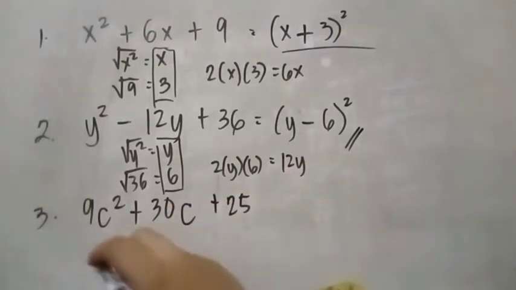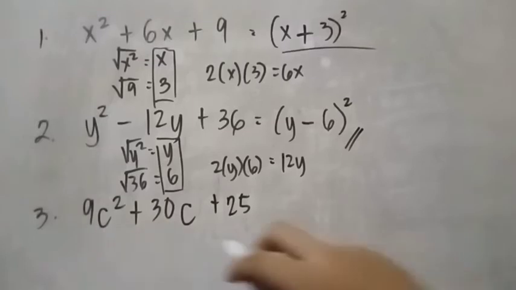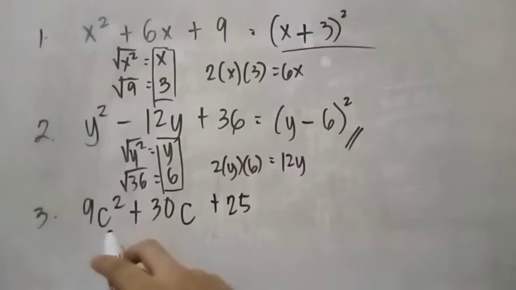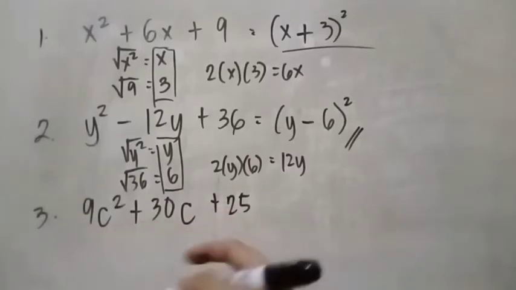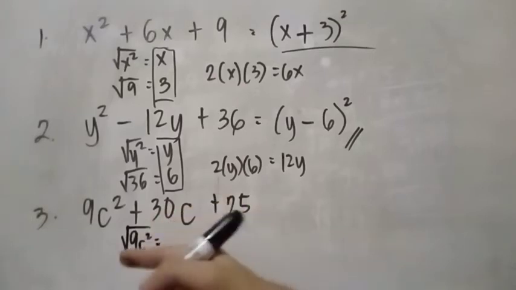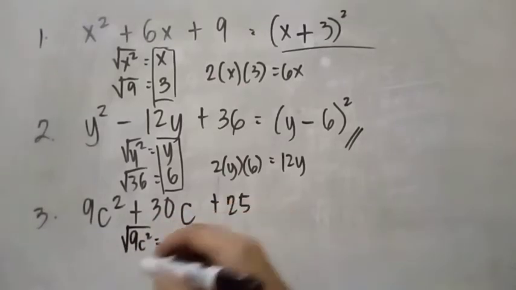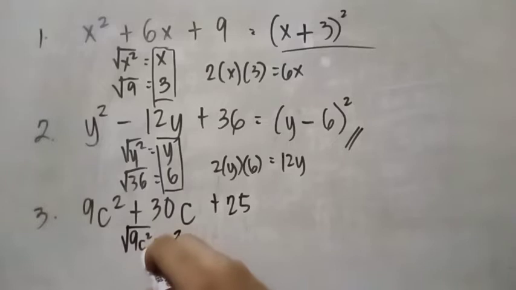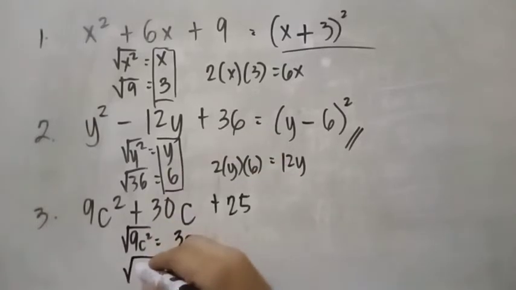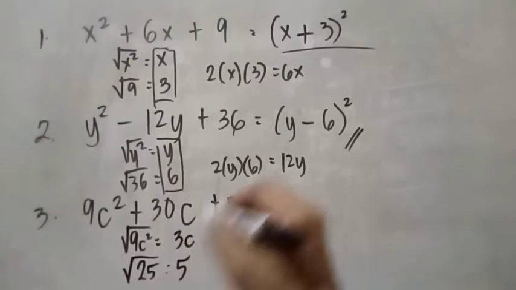Next, number 3. We have 9c squared plus 30c plus 25. So, kukunin natin square root ng 9c squared at saka 25. So, square root of 9c squared is 3c. Diba? Square root of 9 is 3. And square root of c squared is c. Tapos, square root of 25 naman is 5.